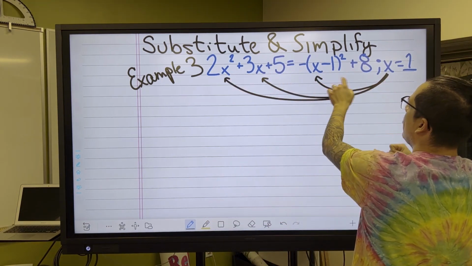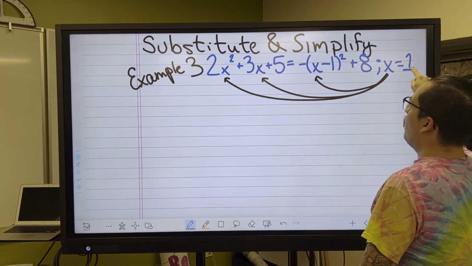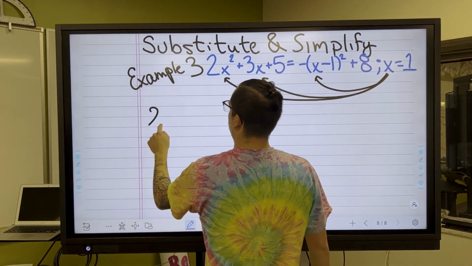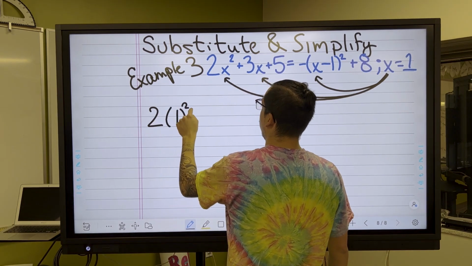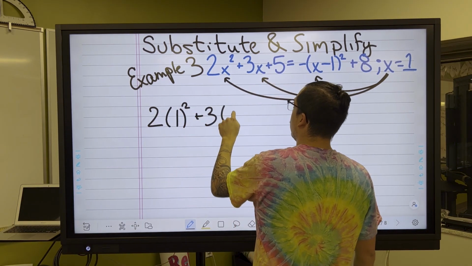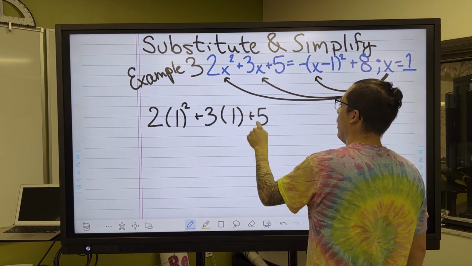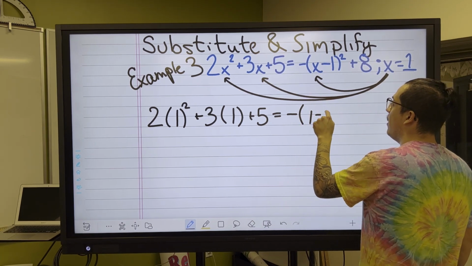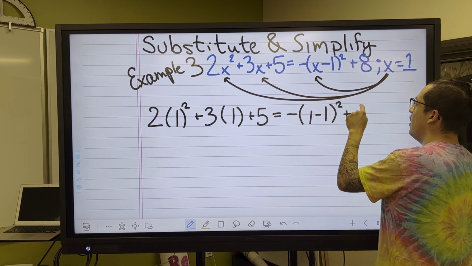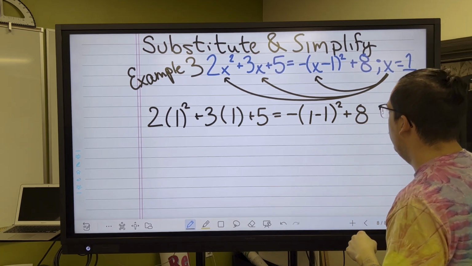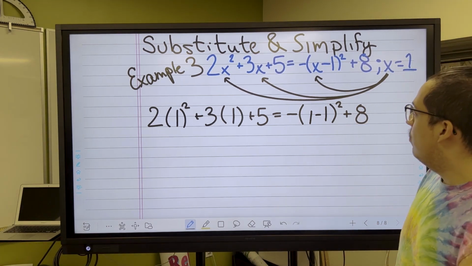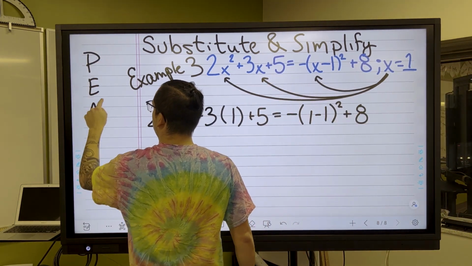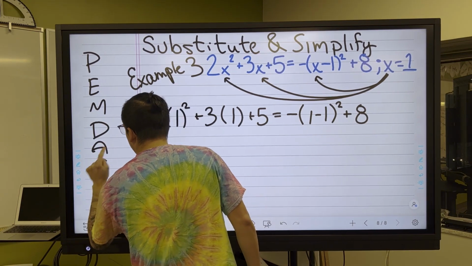Everywhere I see an x in my equation here, I'll replace it with 1 because we know x equals 1. 2 times 1 squared plus 3 times 1 plus 5 equals negative 1 minus 1 squared plus 8. That's our substitution.